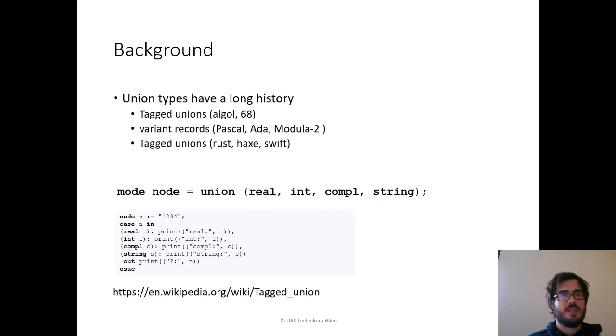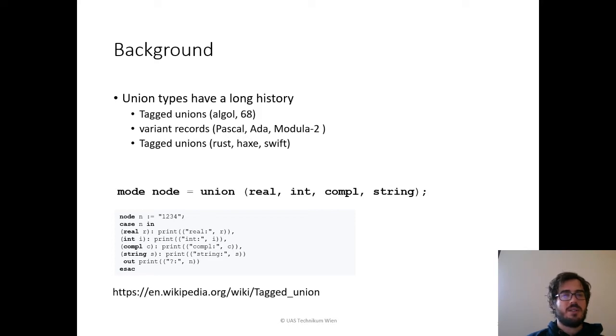What's the background of this? Those, as we often call them, union types, because they are a union of different cases, have a long history. They appeared in Algol 68, for example, as the term tagged unions. Then in Pascal or Ada, which has a strong type system, they had variant records.